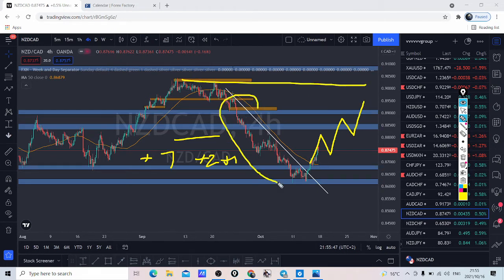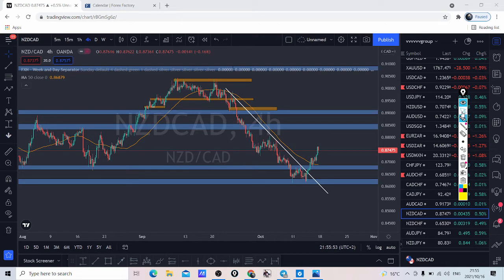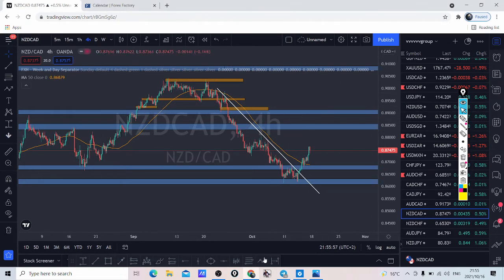And guys, we were selling here, and we made a lot of money in September. Most of my pairs went straight into my TP. The first TP was somewhere around here. How much did we catch?